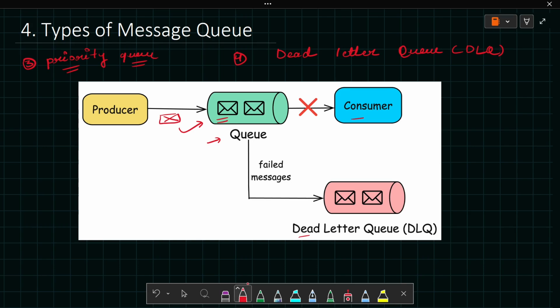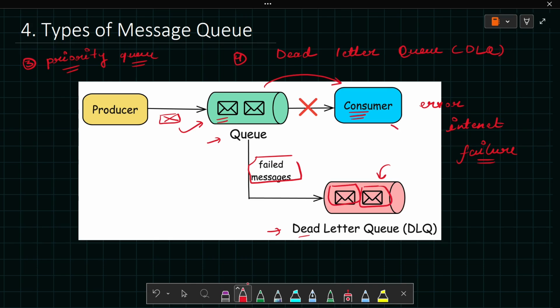Somehow, if the message is not sent to the consumer because of an error, suppose there is an internet failure, or suppose there is an attack on the message, so an error occurs in the pipeline, there is a failed message. Now the message is stored in the dead letter queue.